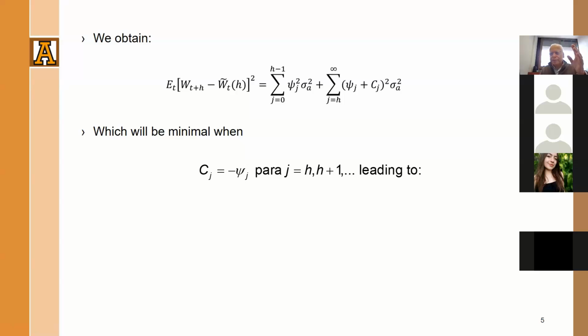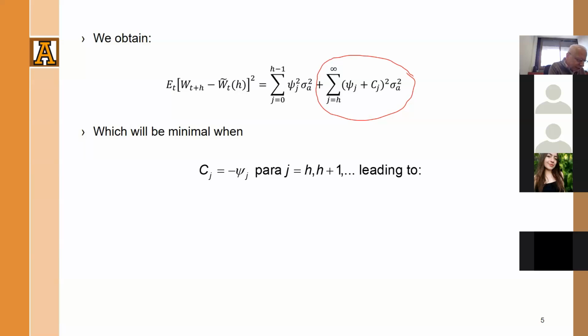Of course, we don't know what psi_j is, but the c_j that will minimize that will be the c_j that makes this term equal to 0, because we cannot do anything to minimize this first term. We can only work with the right side of the equation to minimize the conditional expectation.